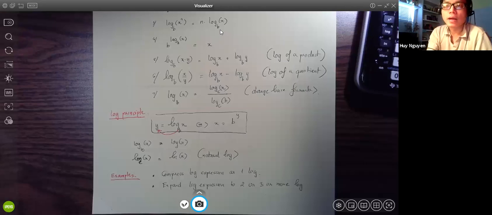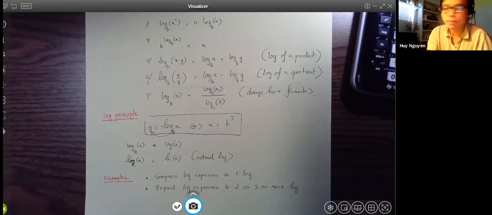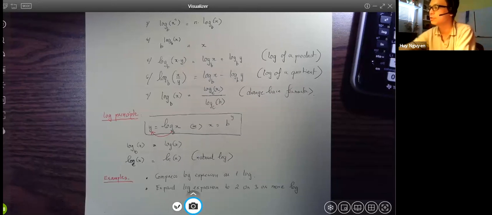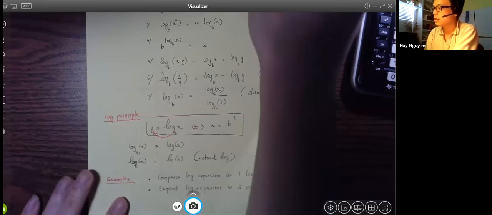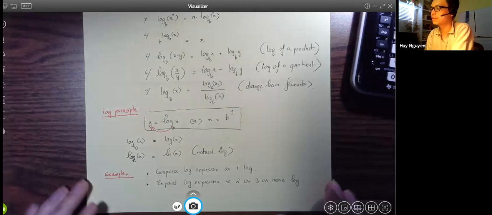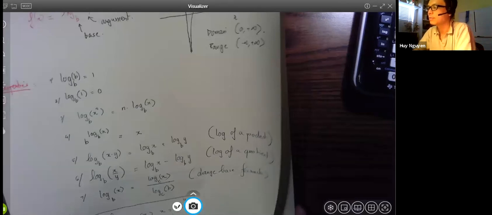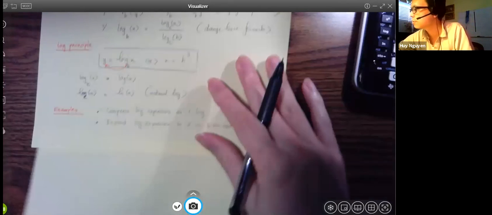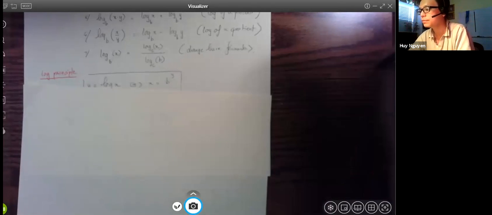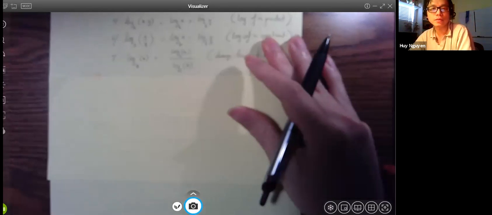All right. Let's go through the first example right away. It's very hard for you to imagine, so let's take a look at our first example. I'm going to put the formula right over here, so it's easier for you to see. Oh, it's kind of blurry.